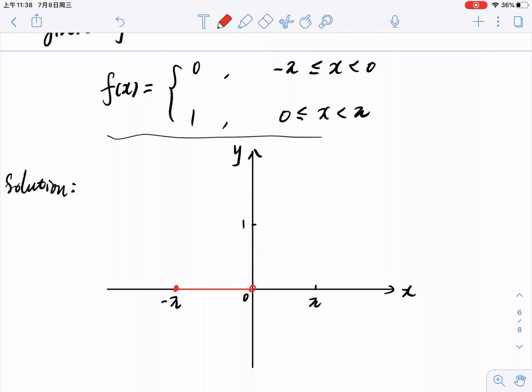When x is between 0 and pi, it's 1, 0 included, pi is not included. Then with period 2 pi, it repeats this pattern.